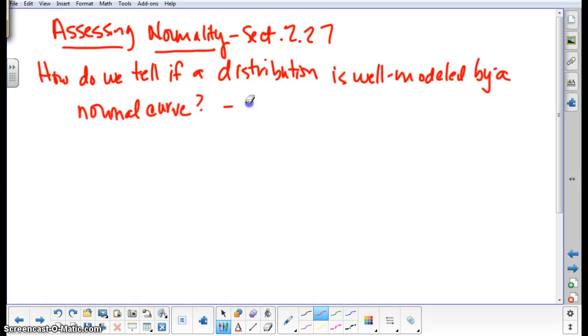And the answer to that question, we use a normal probability plot.